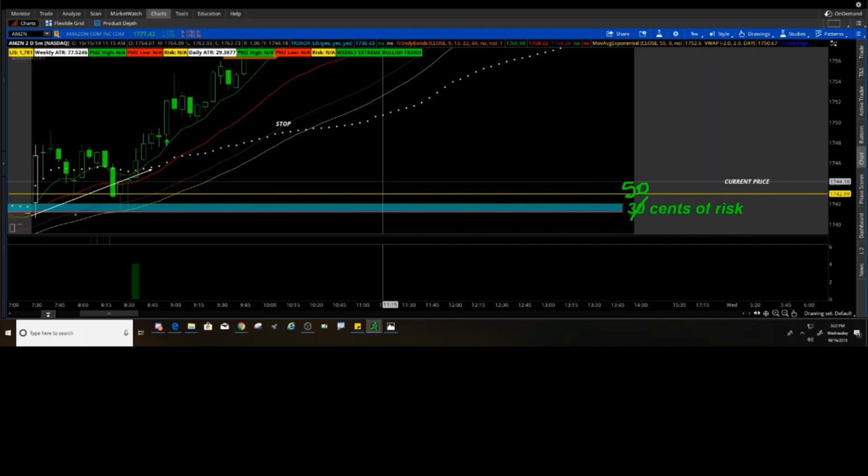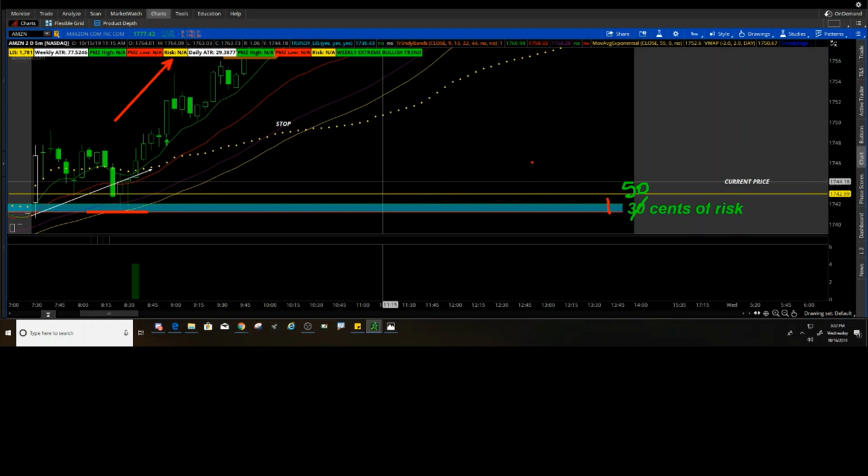Because sometimes with a stop, if we just put it right at the line, you can see where price comes in and comes very close and kind of stresses you out and gets you stopped out. So for me, I use increments of 50 cents, $1, $1.50, $2, just depending on the stock that I'm trading. And again, if you remember, we're going to have our risk right here. It's going to say right there how much the spread is between here.